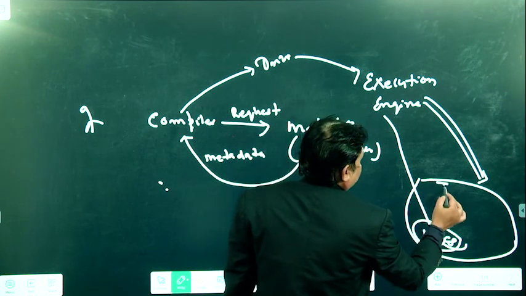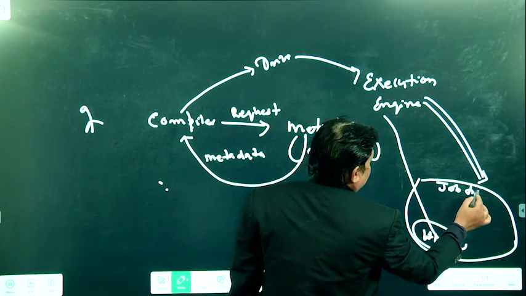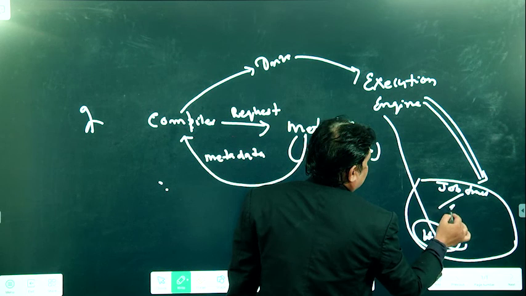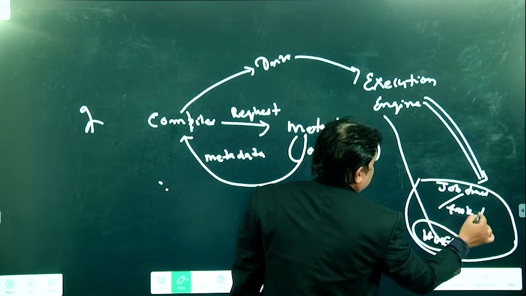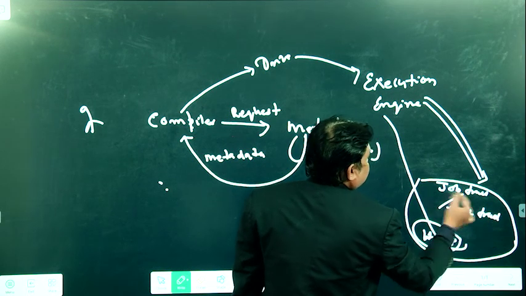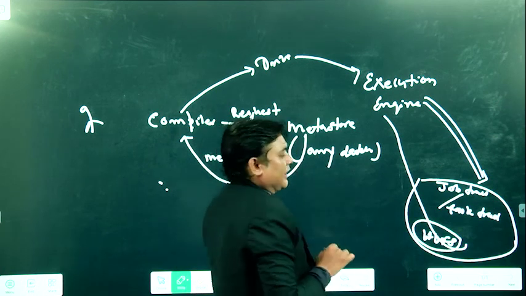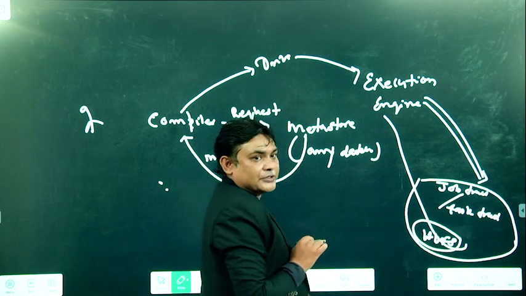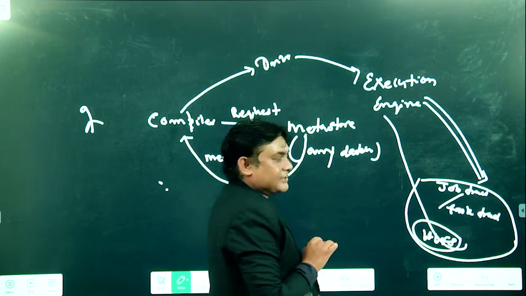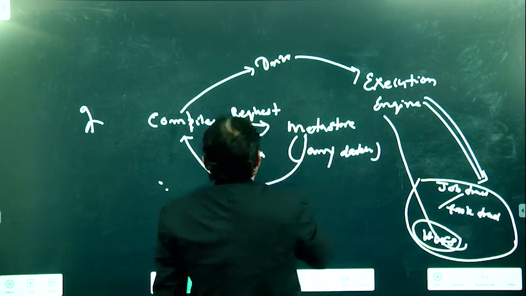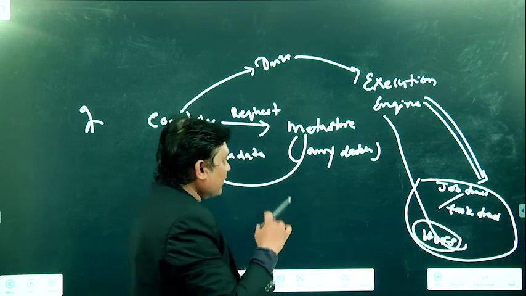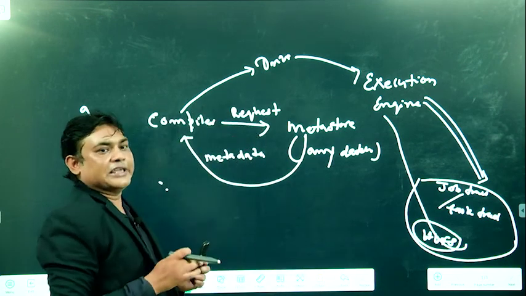We have a job tracker and task trackers. The job tracker is called the master, which assigns tasks to the task trackers. The task trackers are within the data nodes, and they execute the queries, and the result is sent back to the client. In this way, the query is executed.